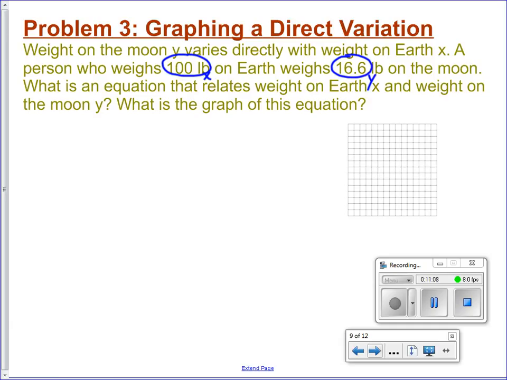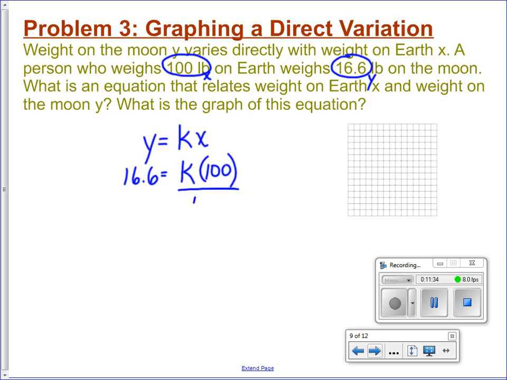So let's first of all write our direct variation equation. Y equals kx. We're going to use our values 16 and 6/10 for the y and 100 pounds for weight on Earth in order to find our constant of variation k.